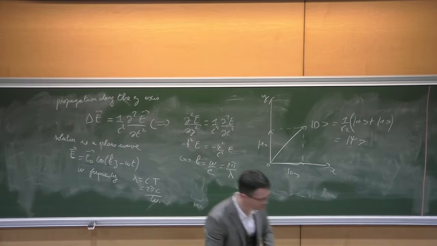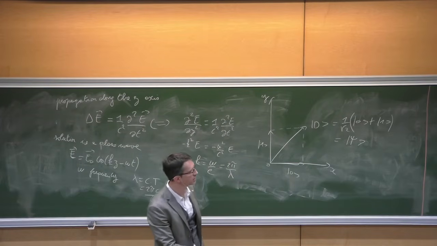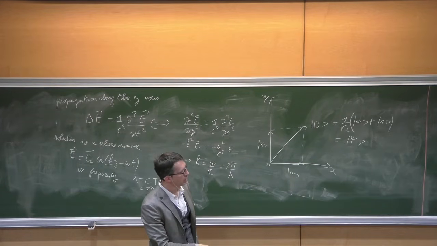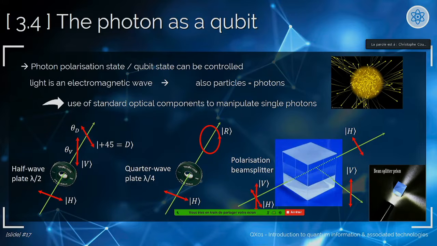And so typically, to give you some examples, we use in the lab what's called a half-wave plate, also called a lambda/2. And that specific crystal, the specific piece of glass, will rotate a linear polarization state to another one.